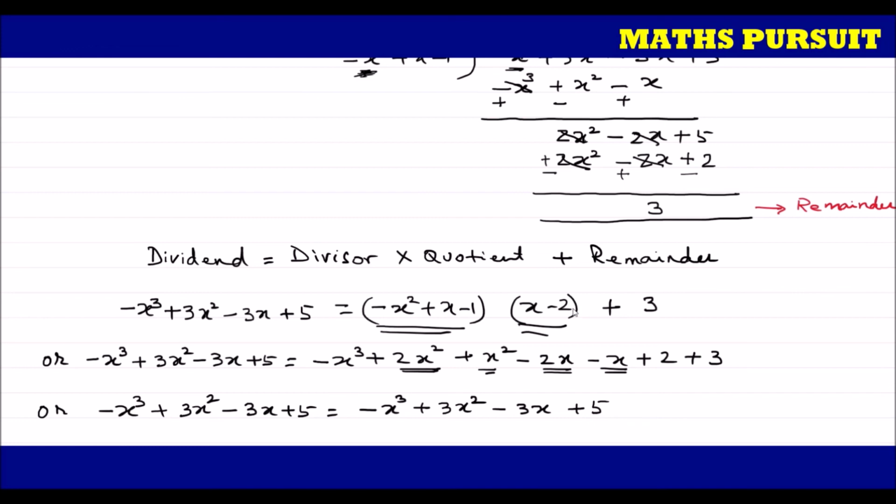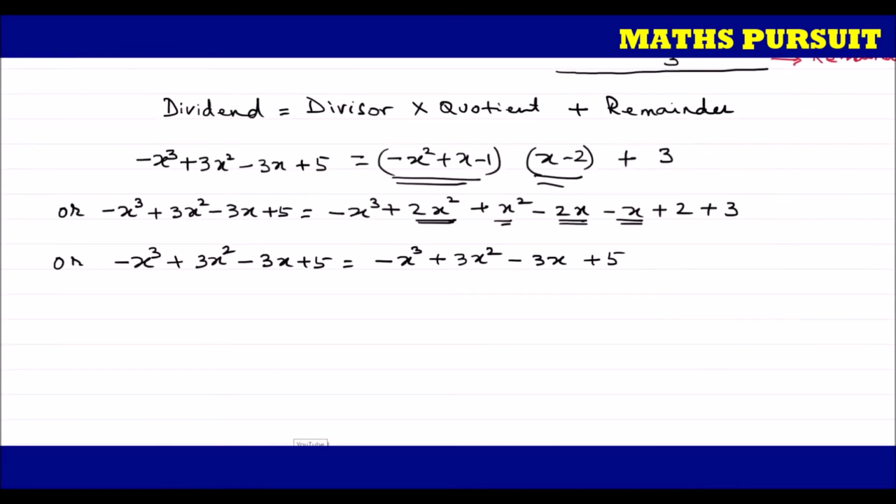So guys, what we got? Let us check. On the left side of the equation is minus x to the power 3, right hand side also minus x to the power 3; plus 3x to the power 2, right hand side also plus 3x to the power 2; left hand side minus 3x, right hand side also minus 3x; and left hand side plus 5, right hand side also plus 5.